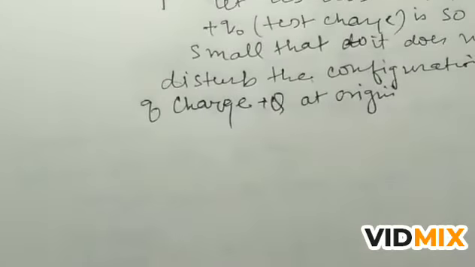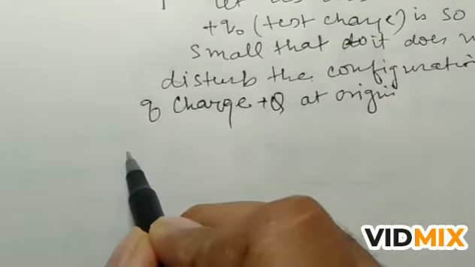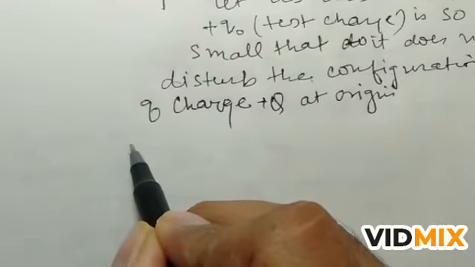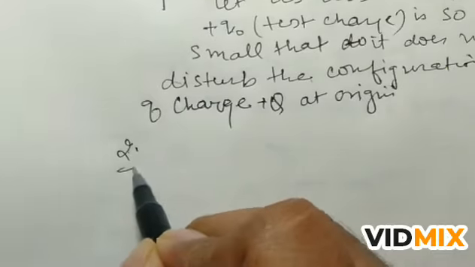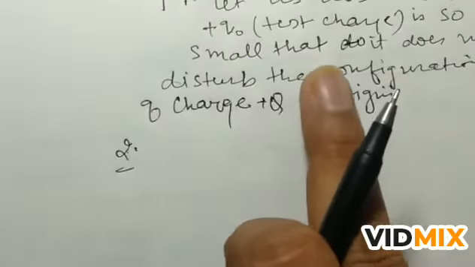We also make a second assumption. The first is that we are taking the charge to be very small.